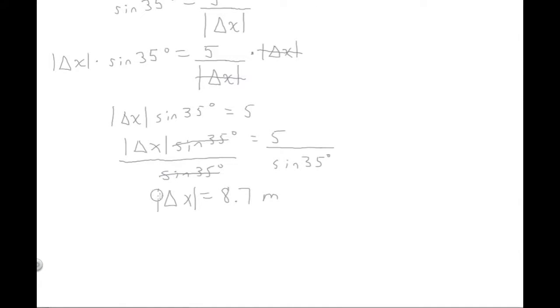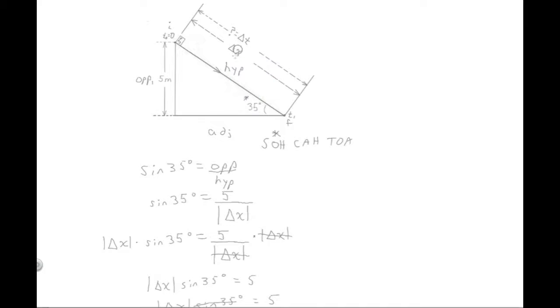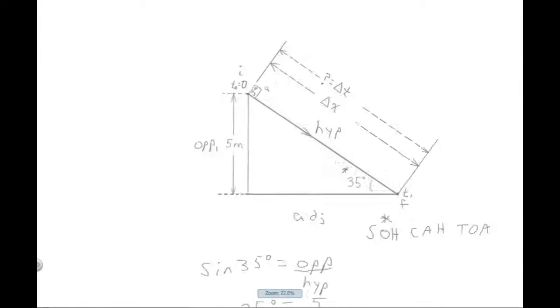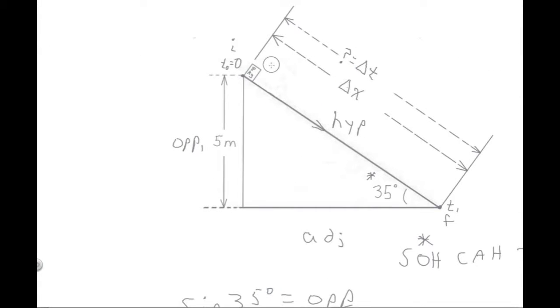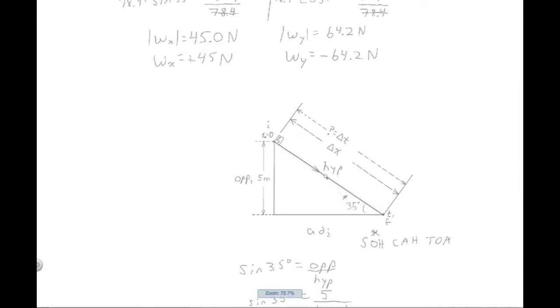Now, remember that these absolute value signs remind us that we haven't figured out the complete delta x yet. There's a separate step where we figured out the complete delta x, including the plus or minus sign. Well, we already determined that the complete delta x would be positive. Didn't we determine that somewhere? Here I determined the complete delta x would be positive, because the object is being displaced from here to here, and that's in our positive x direction.